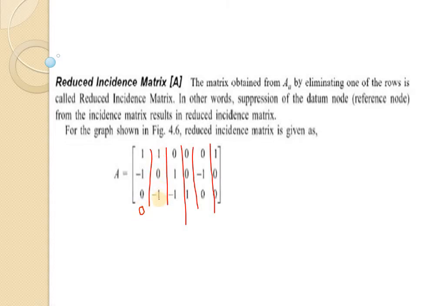Minus 1 plus 1, that is 0. 1 minus 1, 0. And here we need minus 1 to get 0. Here we need plus 1 to get 0. And here we need minus 1 to get 0. That means all this column value will be 0. So, by adding this row, we can get the incidence matrix in that way.